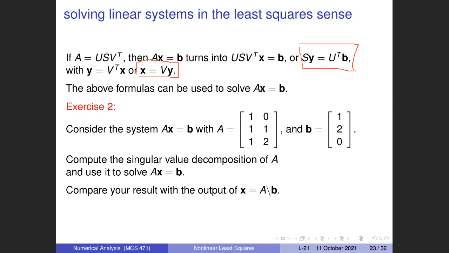We do first the singular value decomposition, and then we use the S, the U, and the V. The S and the U are used in the first step, where we solve a diagonal system, and then we do a matrix vector multiplication. So we have to do a lot more work in the first step. The singular value decomposition is quite expensive, but we save a lot of time in the next steps.